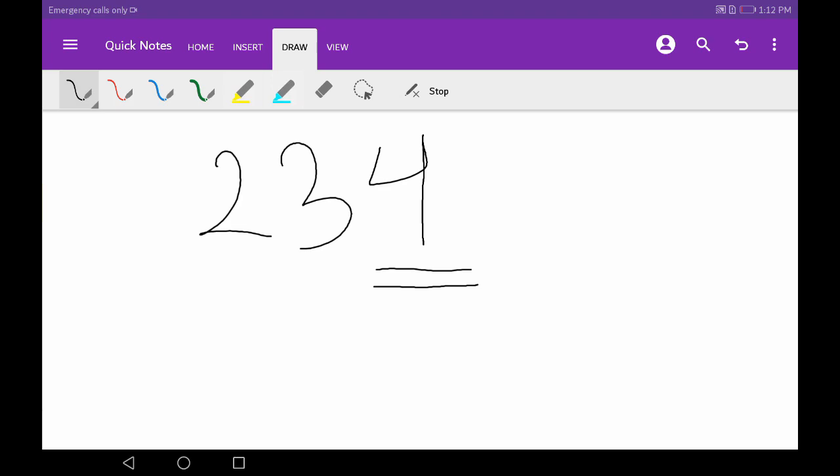So in this example, is the number even or odd? Well, we look at the ones place. 4 is a multiple of 2, or can be divided by 2 without any leftovers. So the whole number, we say it is an even number.